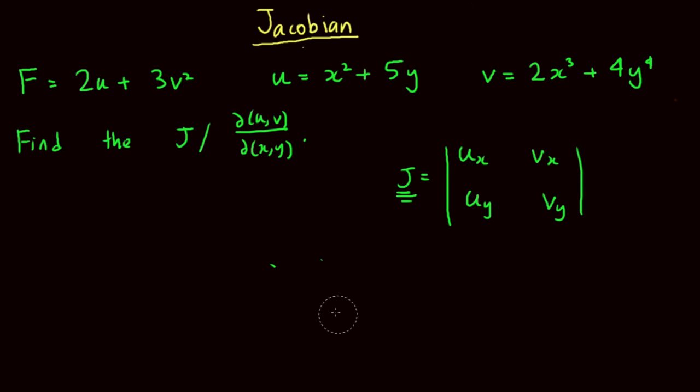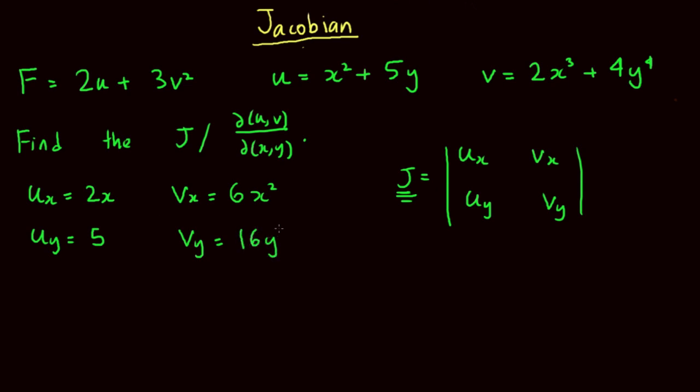Okay, so how do you find the Jacobian? We find ux first. So in this case, our ux would be what? ux would be 2x. Okay, uy would be 5. vx, if you are differentiating, would simply be 6x squared, and vy would be 16, 4 times 4 is 16, y to the power of 3.